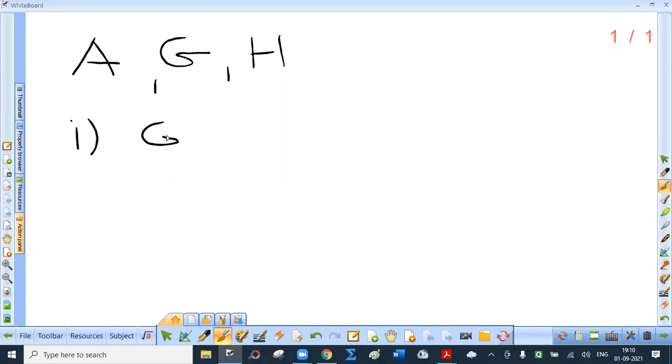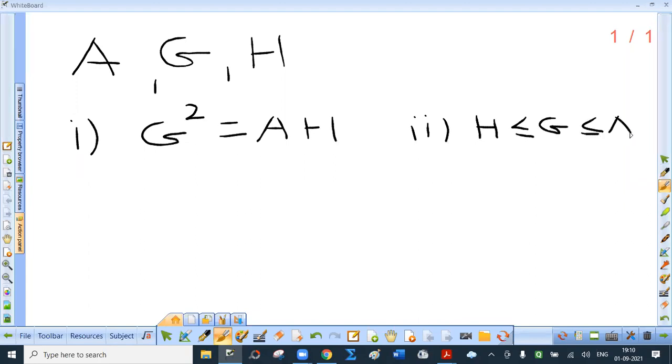Then we have to prove that G square equals AH. And the second interesting result: harmonic mean is less than or equal to geometric mean, which is less than or equal to arithmetic mean.